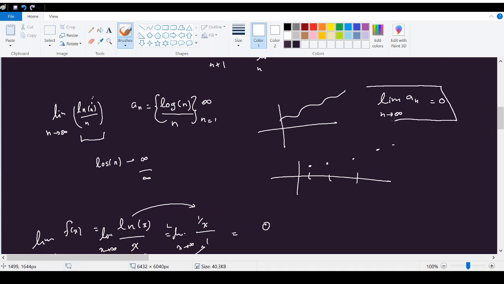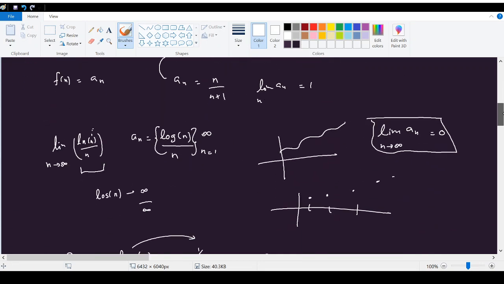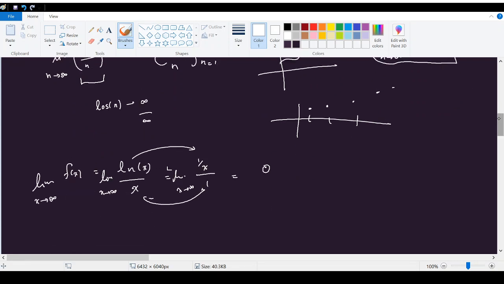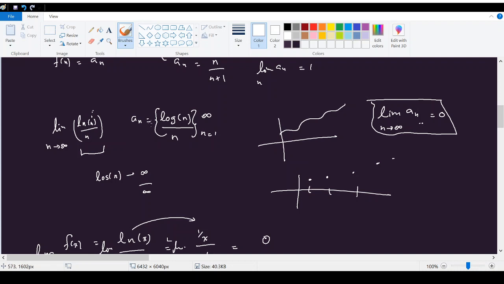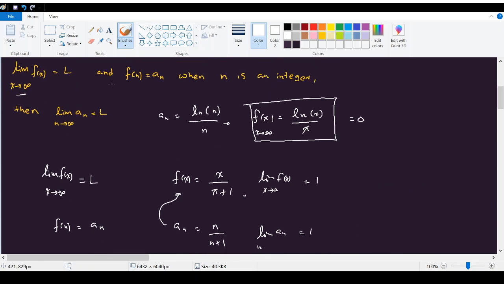This directly comes from the above theorem. Keep in mind, we cannot use L'Hopital's rule for this sequence directly. We should convert it to a function and then use L'Hopital's rule, and we have a result from it. That means the limit of this function converges, and from the theorem you can say that the sequence will also converge to the same value.